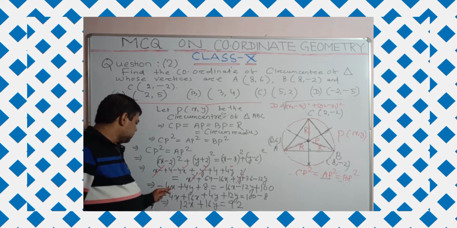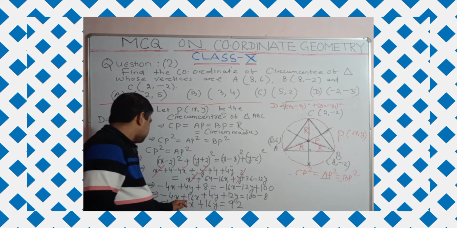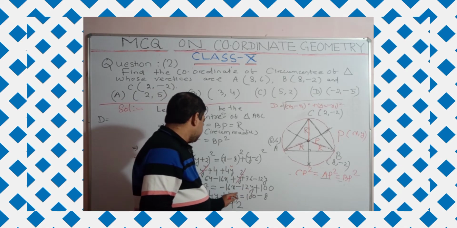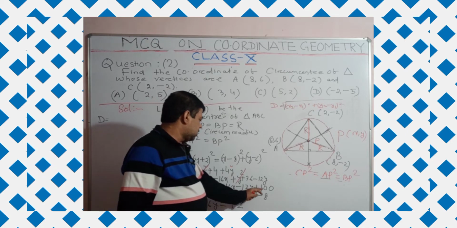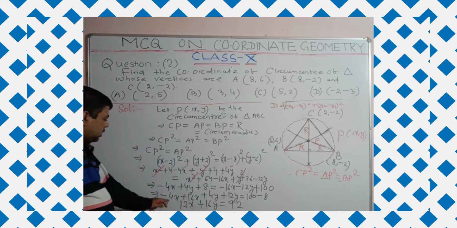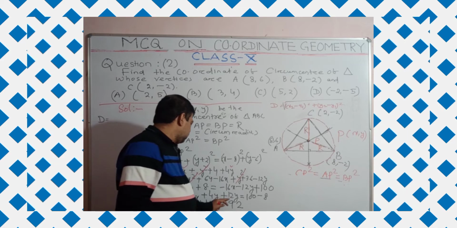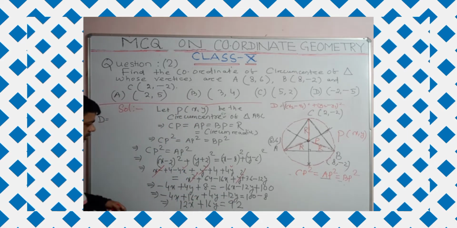So minus 4x plus 16x, minus 16x will be transposed to the left hand side, it will be plus 16x. Plus 4y, here minus 12y will be transposed to the left hand side, plus 12y. So 100 plus 8 goes to the right side, it will be minus 8. So minus 4 plus 16 what? Plus 12x. And 4y plus 12y what? Plus 16y. And 100 minus 8 how much? 92. We got it? Okay. Understand?